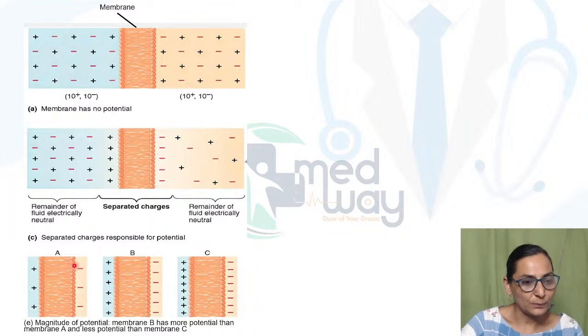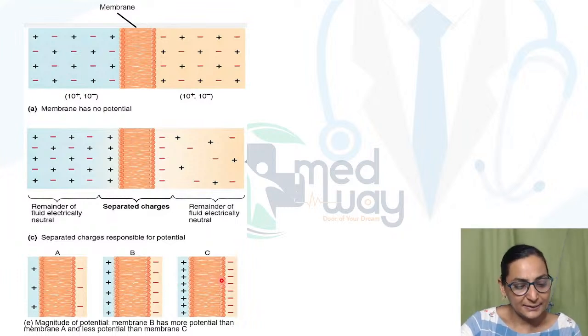Now look below at the third figure, here there are 3 ions which are not balanced. Here 1, 2, 3, 4, 5, 6 and here more than 6. So what does this indicate?